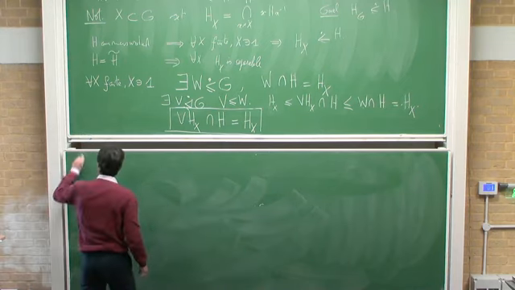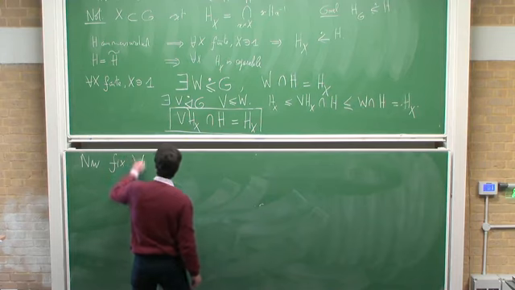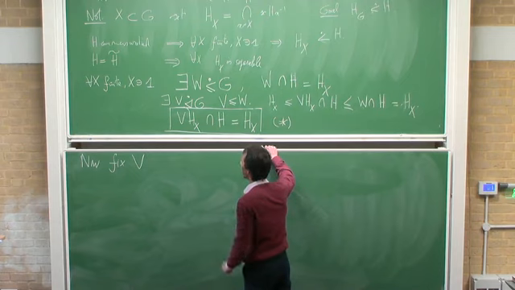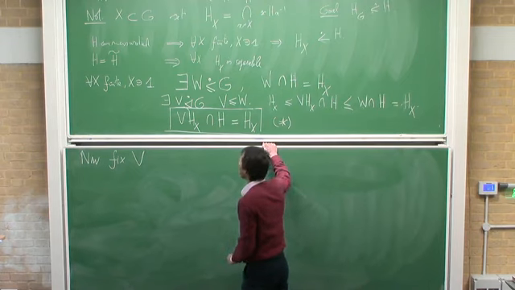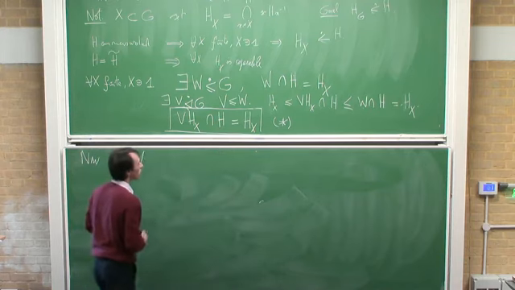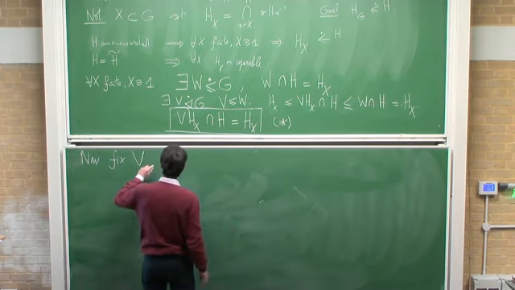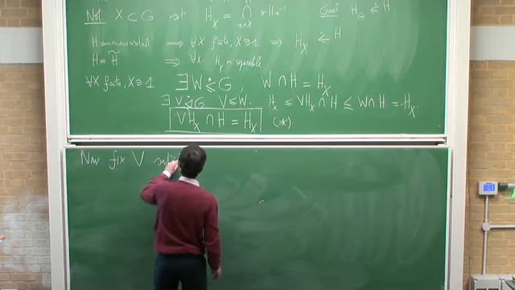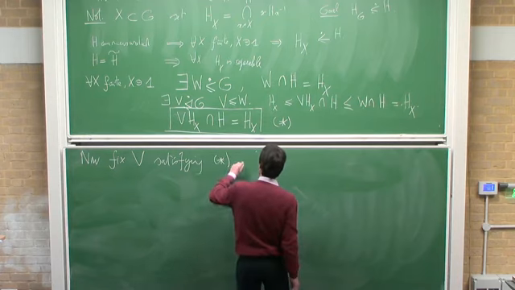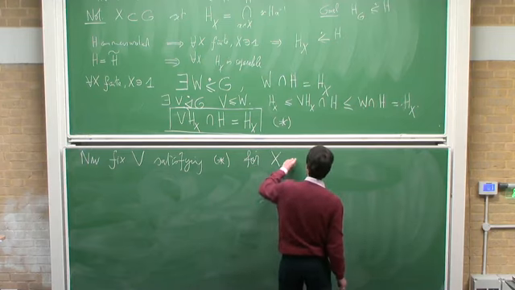So now we fix V. V depends on X, right? Yes, we take the V corresponding to a generating set. So let's fix the V satisfying star for X, a generating set.